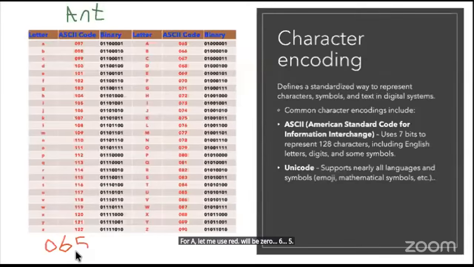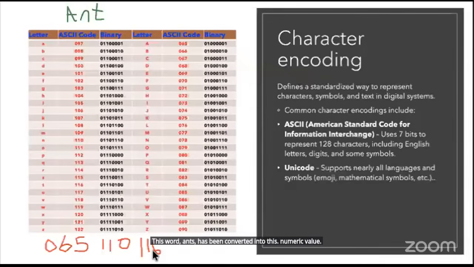That's capital A. Small letter n will be 110. And small letter t is 116. This word ant has been converted into this numeric value.